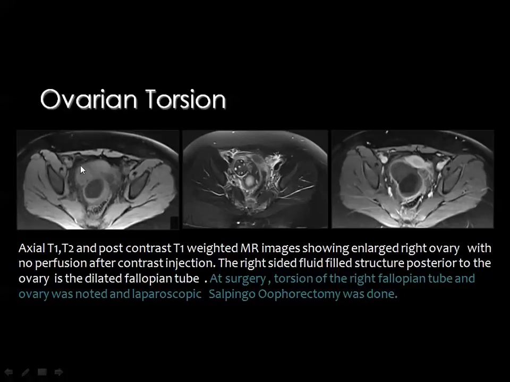This is the torsed ovary in the T1 fat suppressed image, and this is T2, and this is T1 post contrast. You see enhancement of the uterus, but you don't see enhancement of the ovary. And this cystic lesion posterior to the ovary represents the dilated fallopian tube.